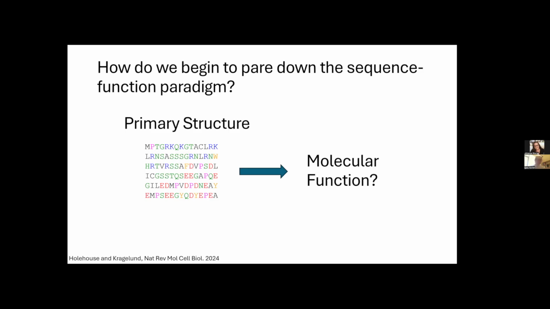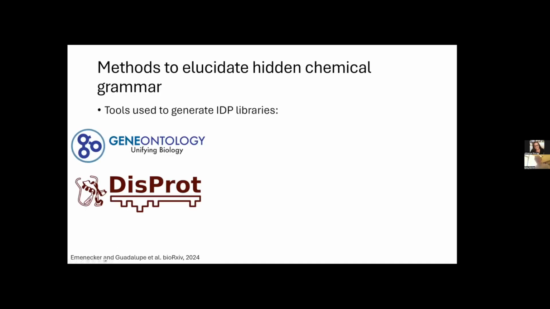But in my case, I wanted to figure out how to generate a library and make a massively parallel assay to discover what this central dogma is of the primary structure of the sequence and how that begets molecular function. There are some methods of generating IDP, disordered protein libraries.